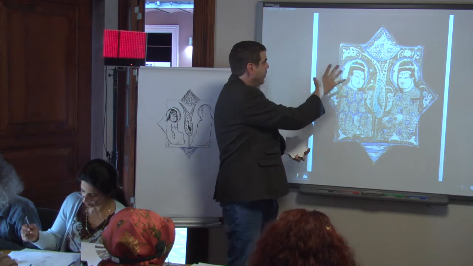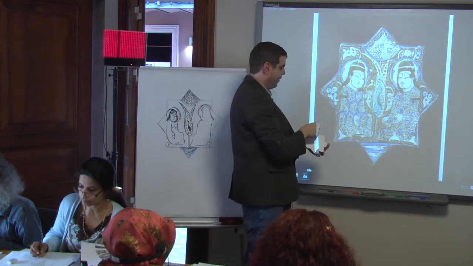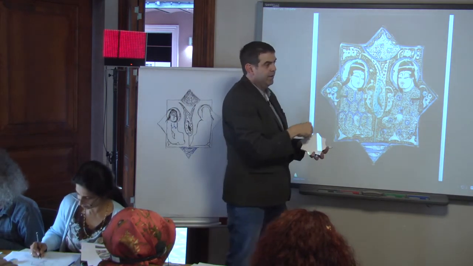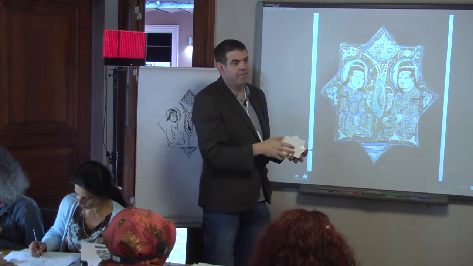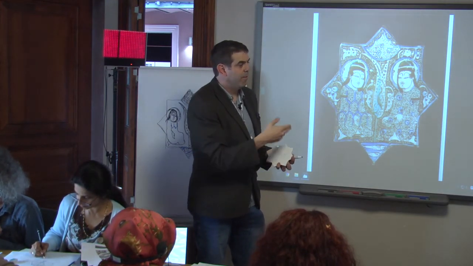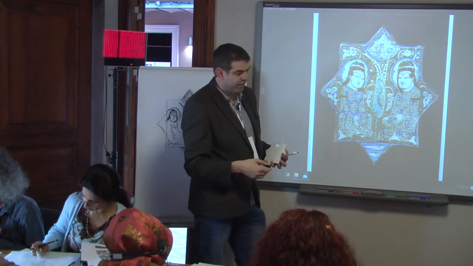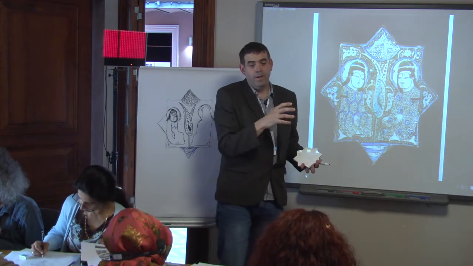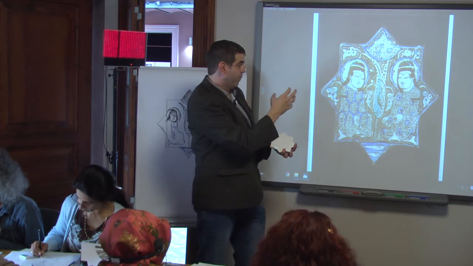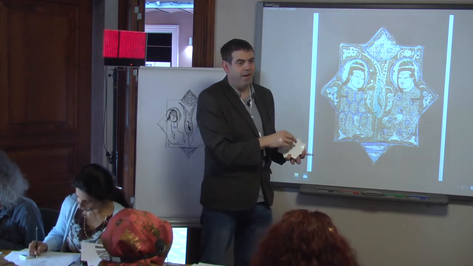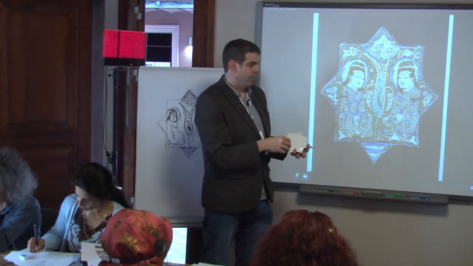So you get the pure white tile with this blue border, these blue circles, and they would have used that as the guide for the composition. So the potters making this would have known what composition they were going to put onto it before the tile was fired.